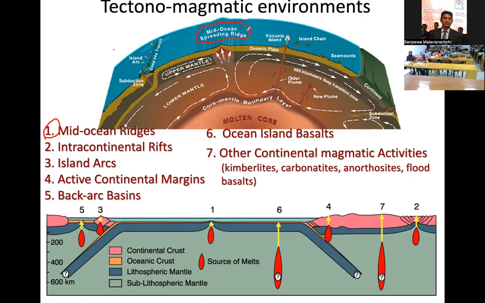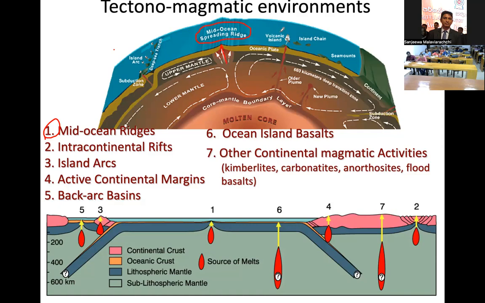Even in your first year, you must have learned these things, and you must be able to explain them comprehensively. I mean, we don't need to learn these terminologies again in the fourth year. So mid-ocean ridges, or we call them spreading ridges. Why do we call them spreading ridges? Because the underlying magma is coming up, and this magma emplacement is happening in the oceanic floor.